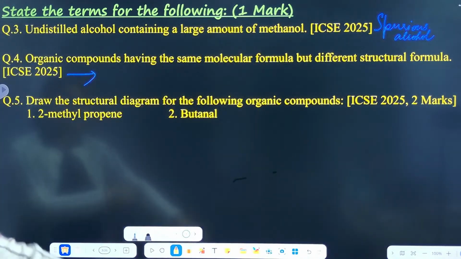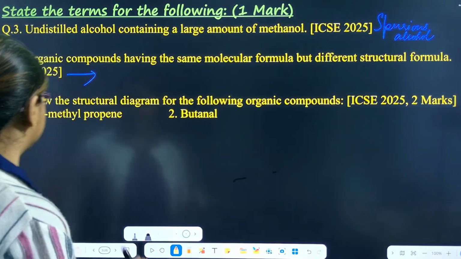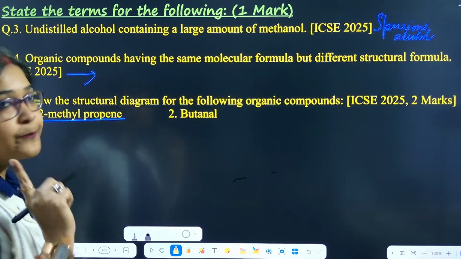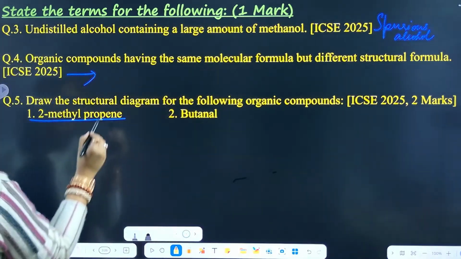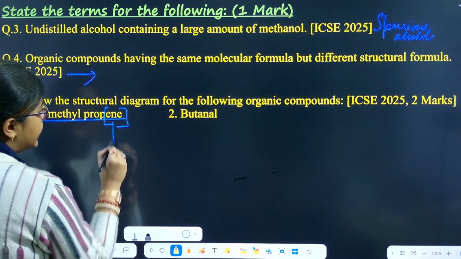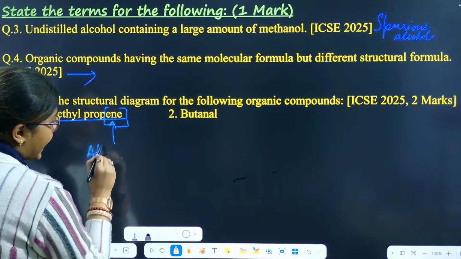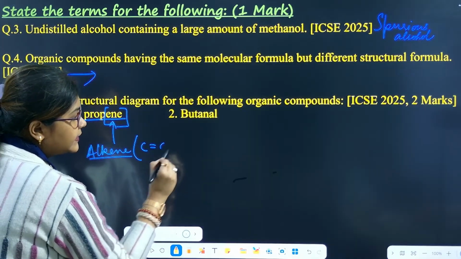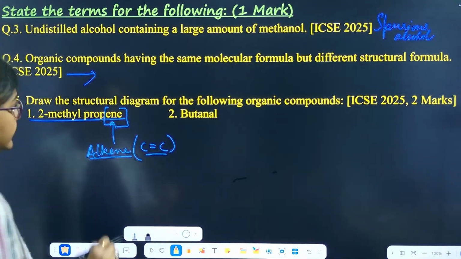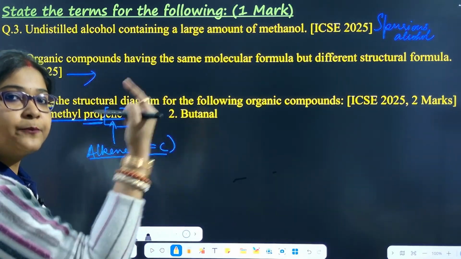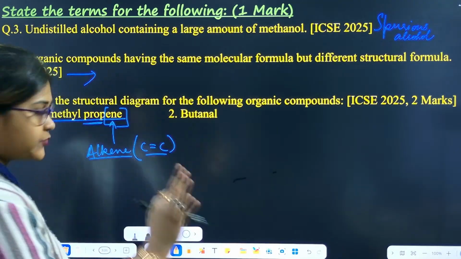Coming down to the structural formula diagram, the first one is 2-methyl propene. Propene means alkene, so a C=C double bond should be present. Propene means met, et, prop: 3 carbons.